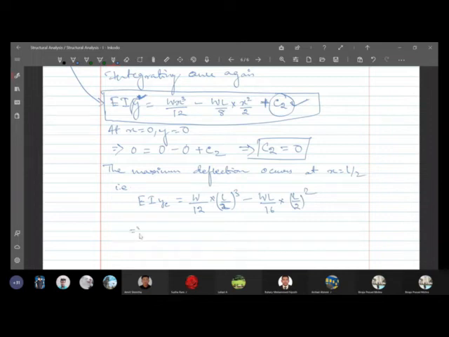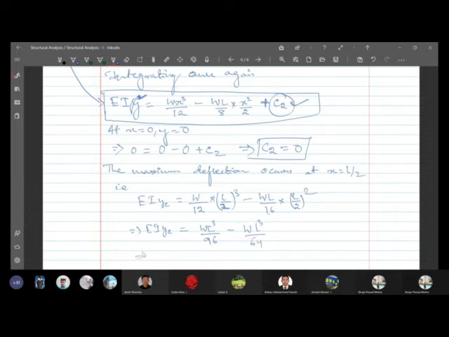Okay, so this implies EI into YC equals W L cube by 96 minus W L cube by 64.